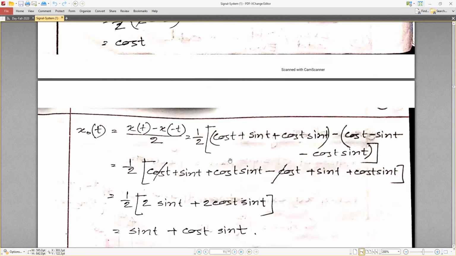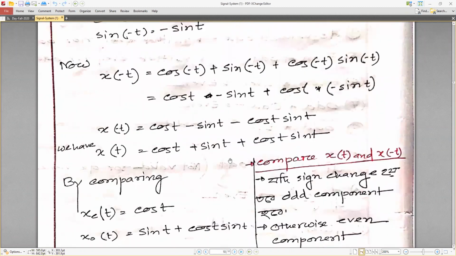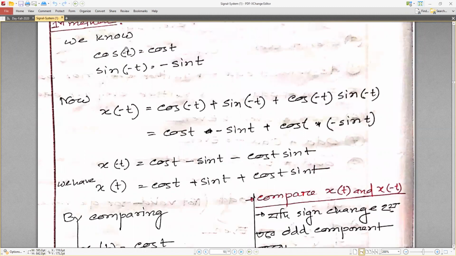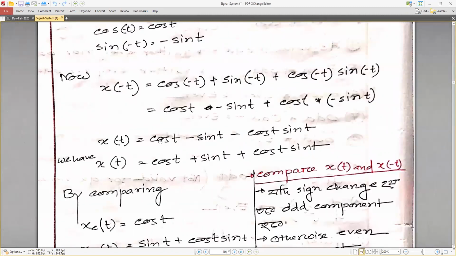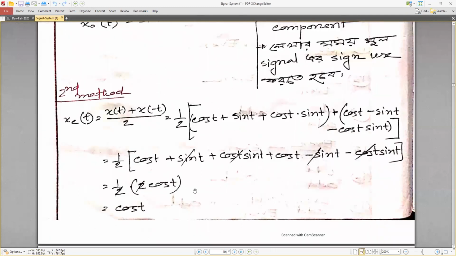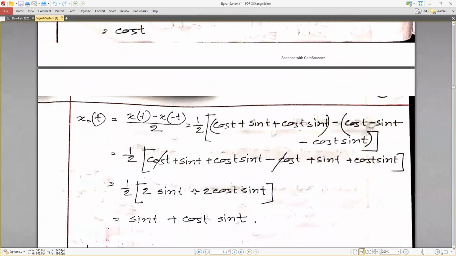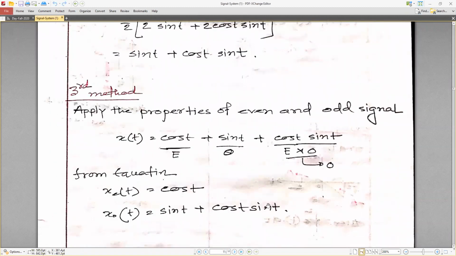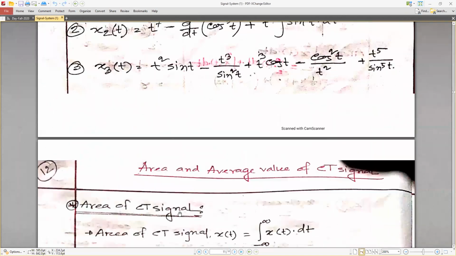But in the first method, at first you need to change the cos and sine and see where sine has been changed. So it is up to you. You can use any one, or you can use the third method: directly put the equation and write the conditions. Since we know it is even or odd, and odd into even is odd, it changes according to the properties. So three methods are there.